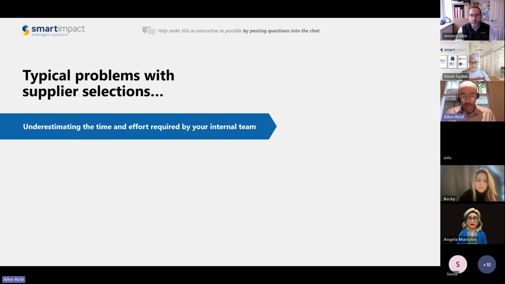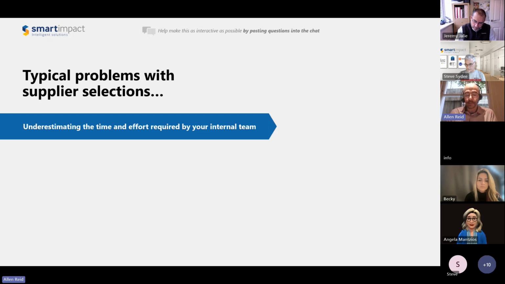So some easy metrics are that for every potential supplier you issue a tender document to, you should calculate that it's going to consume about 2 days of time per supplier throughout the process to evaluate them properly.